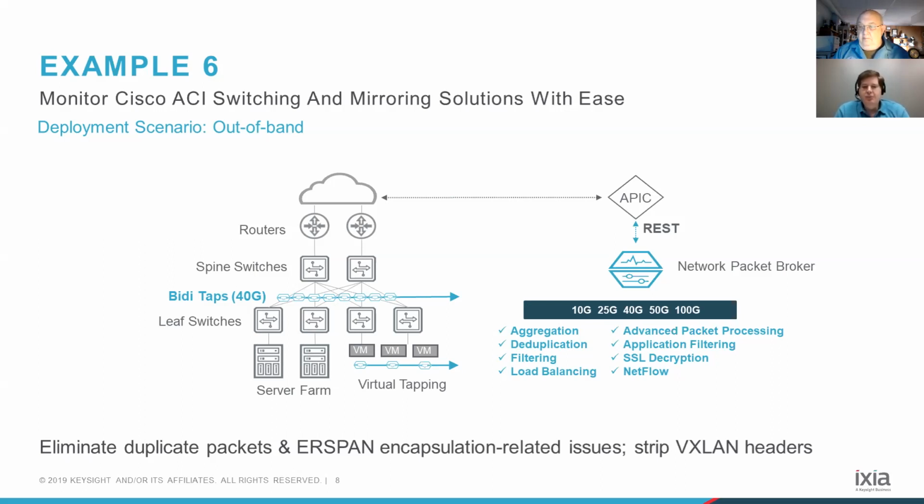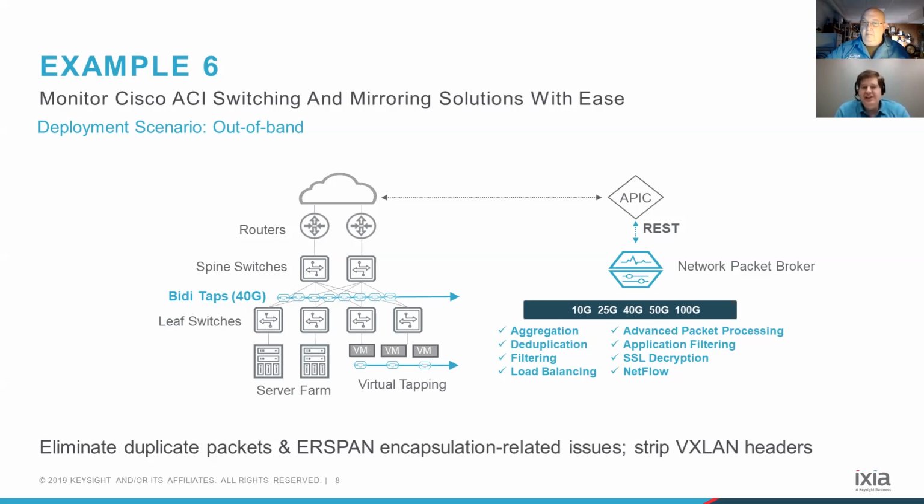Then we talked to them and said, if you put this packet broker in, you're going to get rid of this amount of the data. And it literally cut their tool costs down dramatically. Even though tool costs have come down over the last 5-10 years, it's still a massive amount of data, so you want to get rid of that.